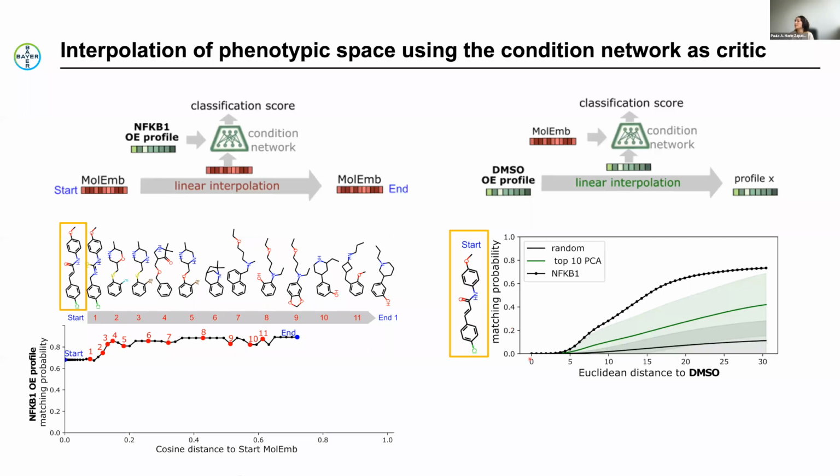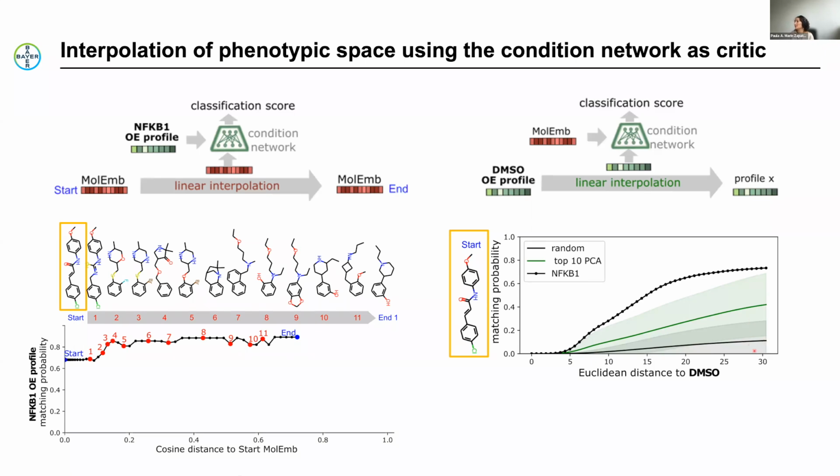And what we see is that, from the general trend, there is a nice dose response as we move away from the inactive or the negative control phenotype. And what is very interesting is that when we move towards the direction of NF-kappa beta, we see a higher increase in the matching probability towards this agonist than if we move in the top 10 PCA components or in random directions.